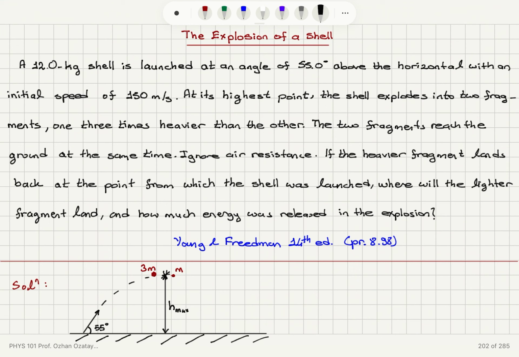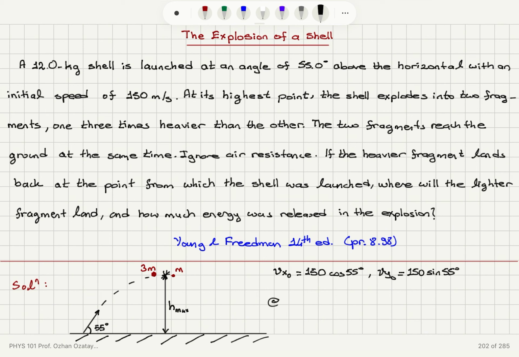So we have an initial x component of the velocity, vx0, 150 cosine 55 degrees, and we have an initial y component of the velocity, 150 sine 55 degrees.